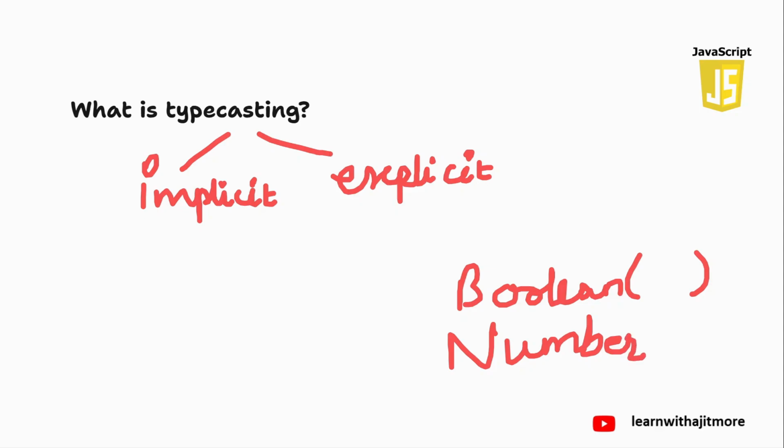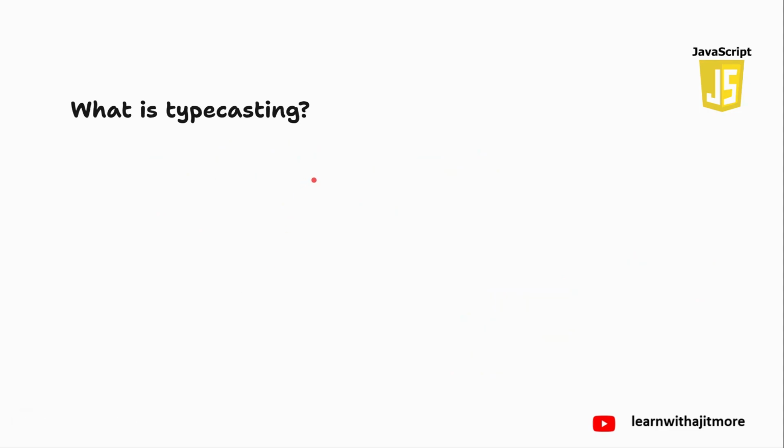So if I'm using some casting functions or some operators and then doing the conversion, that is explicit. Explicit means the programmer does the casting, and when the JavaScript engine does it as needed, then it is called implicit.